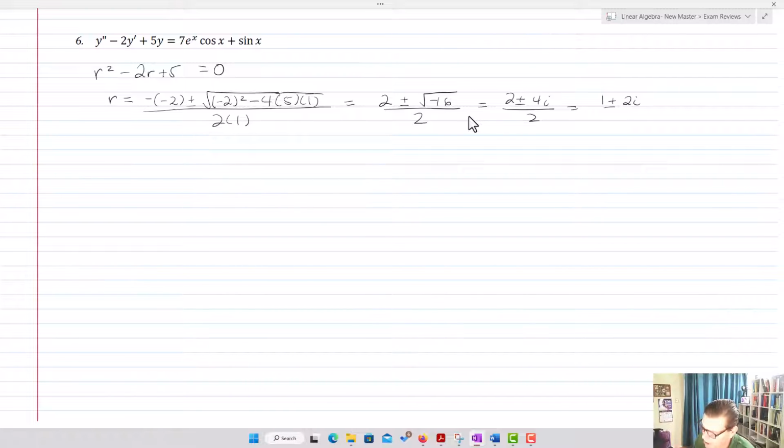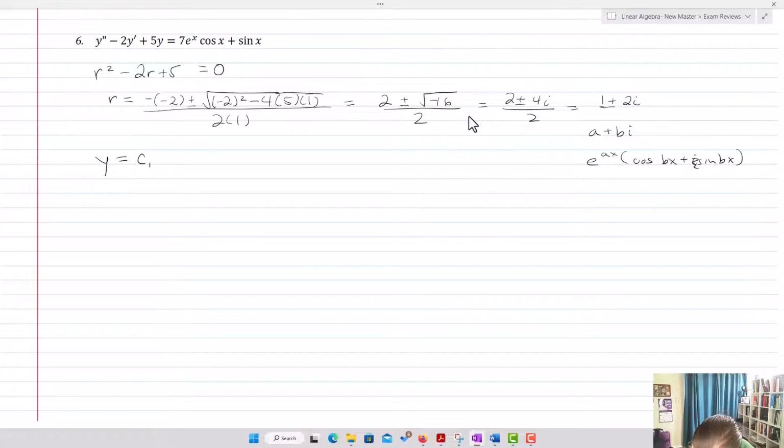So what we have is a complex solution here to our polynomial. Okay? So I'm going to write down my solution. Remember this is a plus bi, and so my solution is going to be e to the ax times cosine bx plus i sine bx, and actually we can just drop off the i, so it just becomes the sine bx.